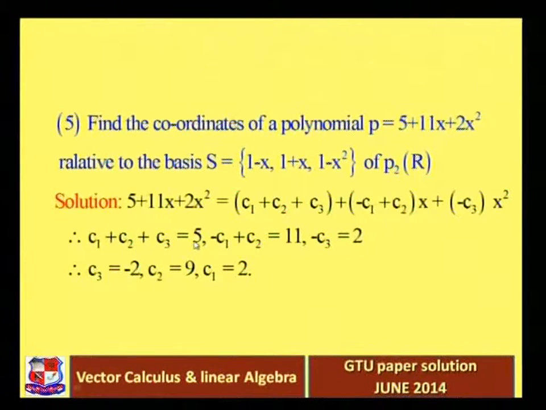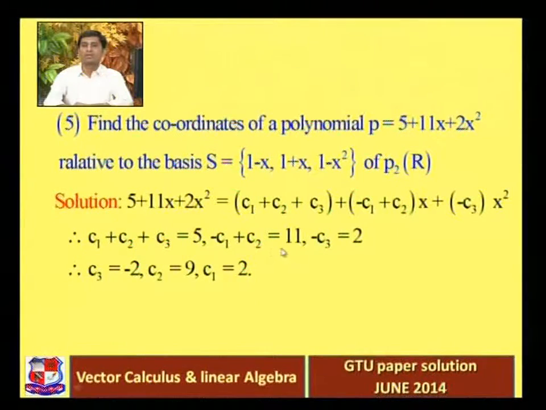And here minus c1 plus c2 is equal to 11. So when we add these two equations, we get 2c2 is equal to 18, so c2 is equal to 9, and put the value of c2 here, we get minus c1 plus 9 is equal to 11, so minus c1 is equal to 2, so c1 is equal to minus 2, right?